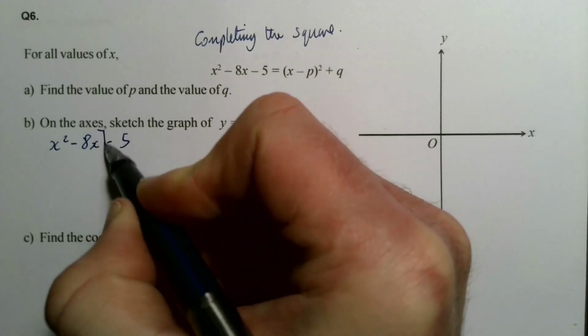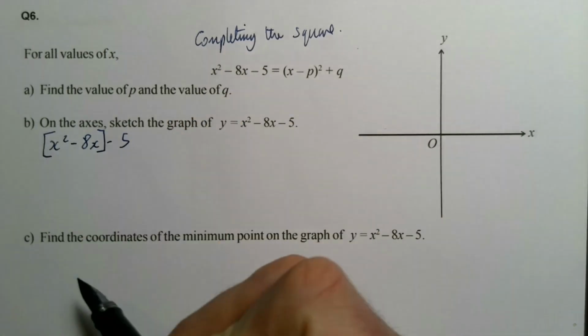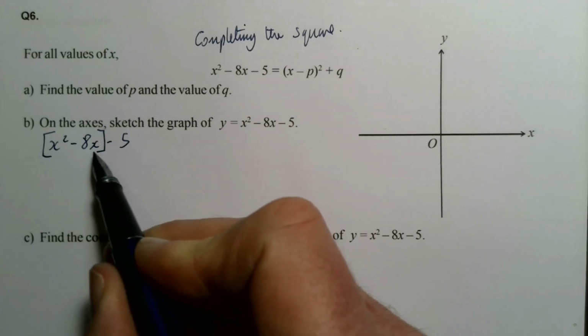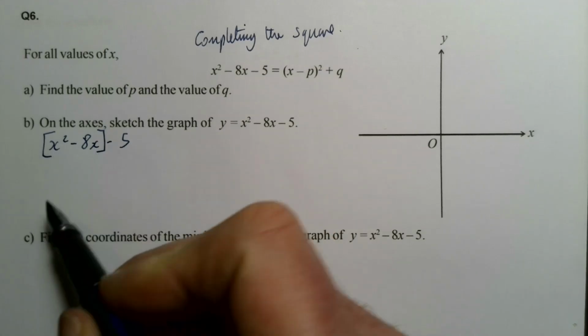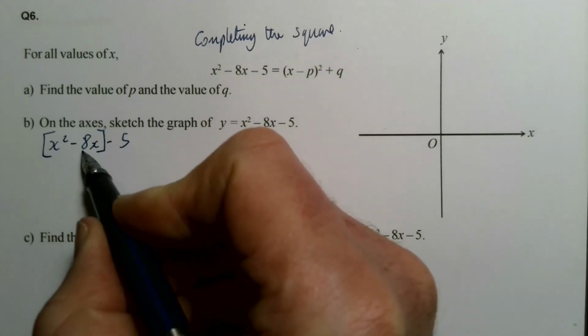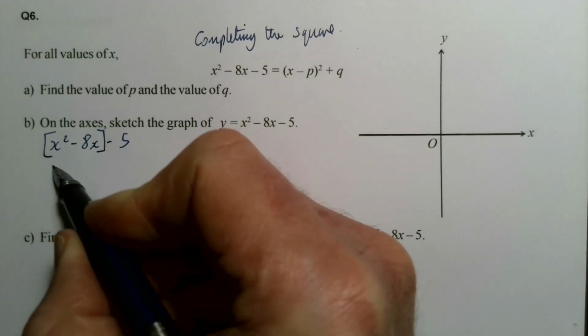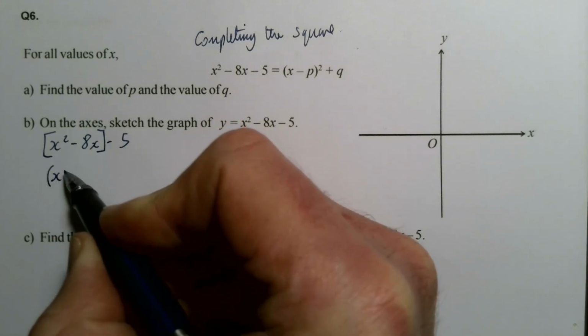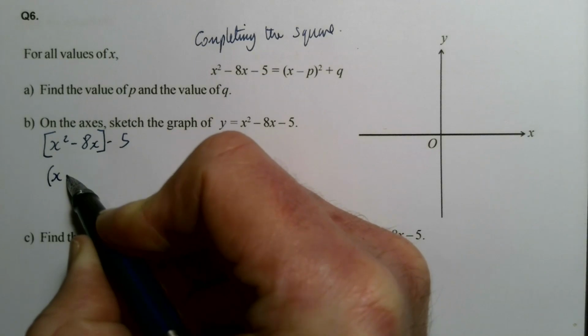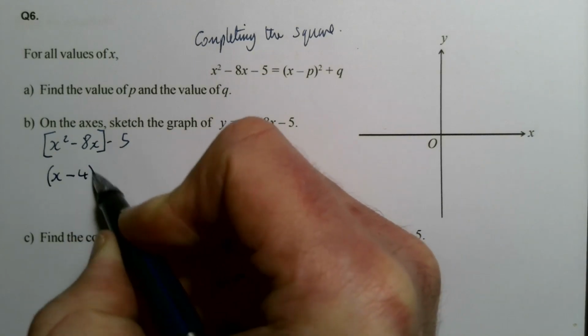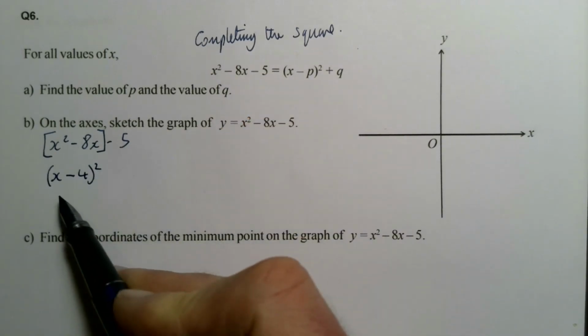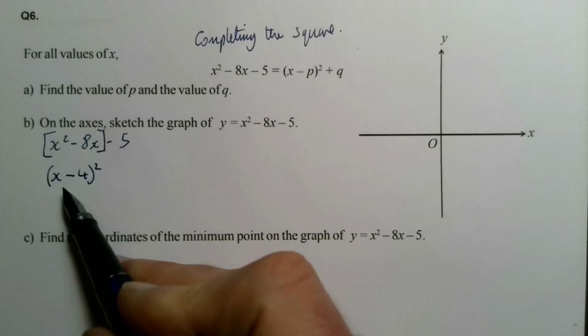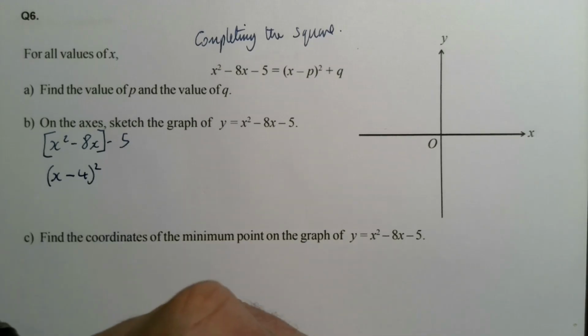And the bit I'm bothered about at first is this bit here. Because I know that I could get x squared take 8x out of a double bracket of x take 4 squared. Because I'd get x squared, I'd get minus 4x and minus 4x, making minus 8x.